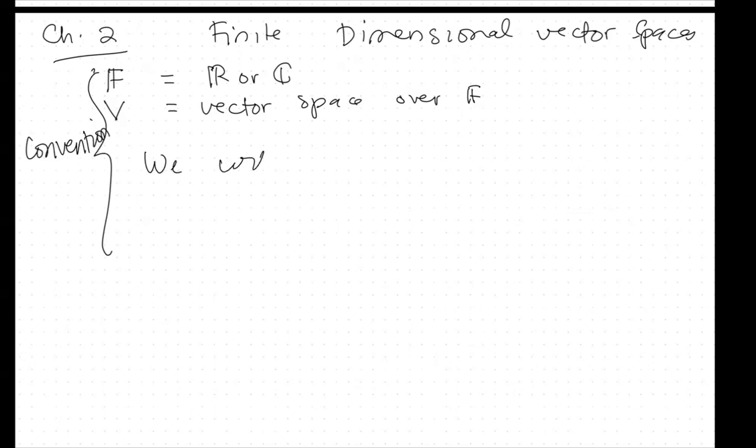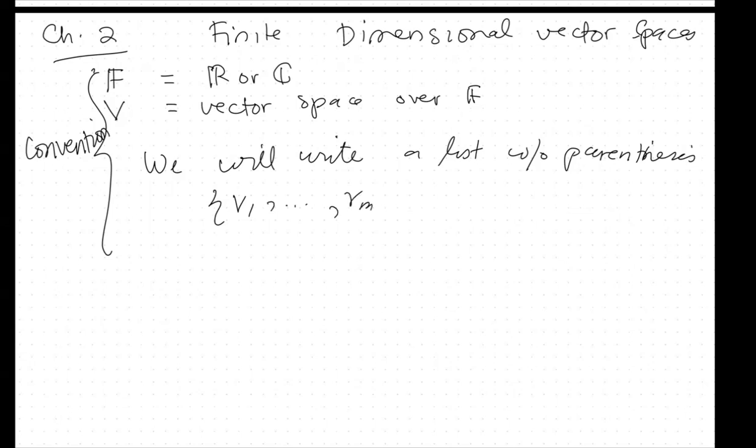We will write a list without parentheses. So for example, we have v1 to vm, we just write it as v1 up to vm for the sake of shortcut. This is abuse of notation, but we agree on this first.